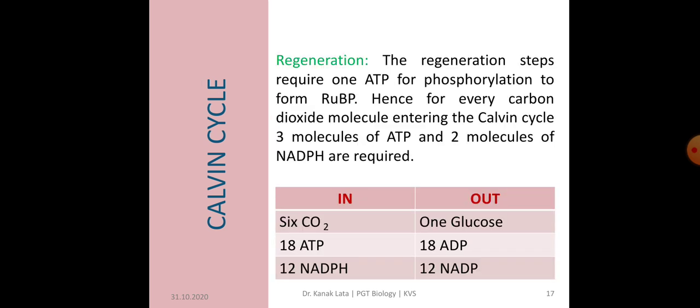The third step is regeneration. The regeneration step requires 1 ATP for phosphorylation to form ribulose bisphosphate. Hence, for every carbon dioxide molecule entering the Calvin cycle, 3 molecules of ATP and 2 molecules of NADPH are required. Since there are 6 molecules of carbon dioxide and 6 turns of cycle, altogether 18 ATP and 12 NADPH are required. It is shown in the given table.